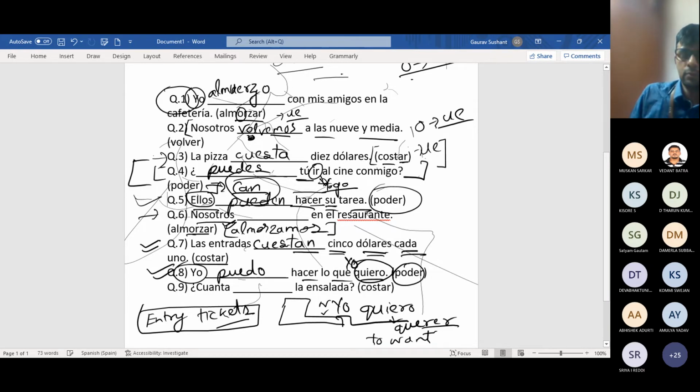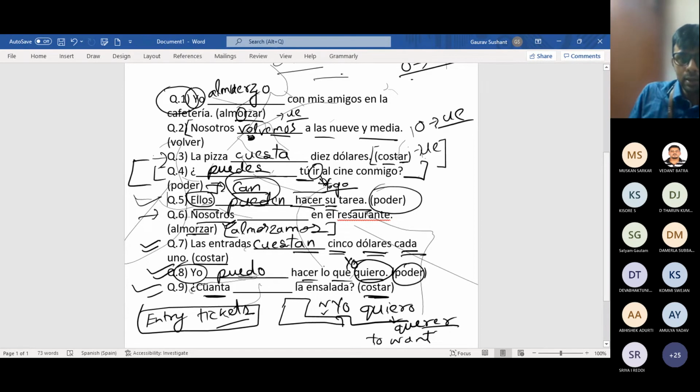Anybody can try without taking help of Google Translate. Anyone? Sir, I can do what I want. I can do whatever I want. Exactly. So lo que is like whatever, and yo quiero is like I want. Good.